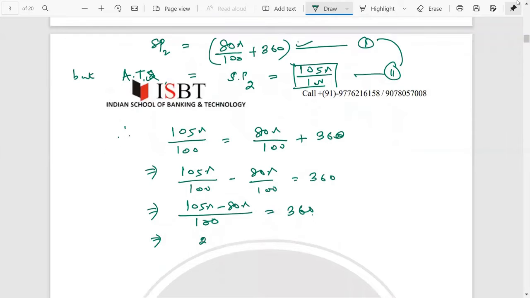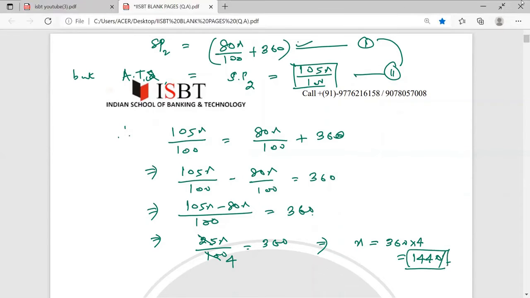That is 25x by 100 is equal to 360, or x by 4 is equal to 360. x is equal to 360 into 4, that is equal to 1440. That is the cost price.